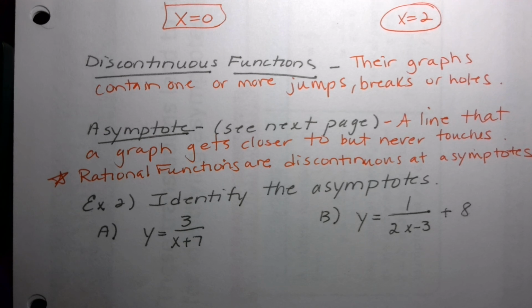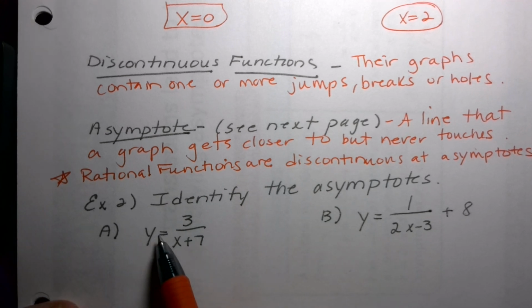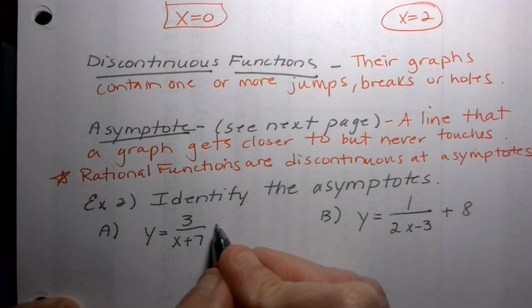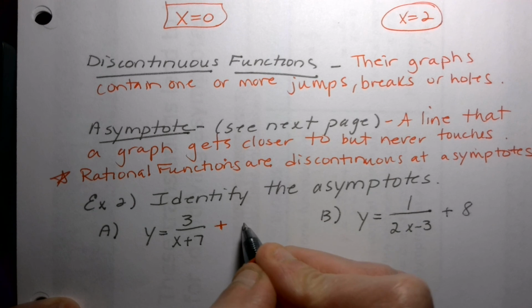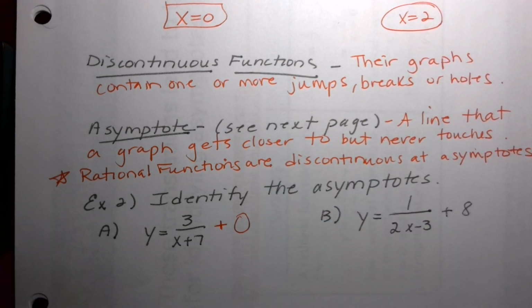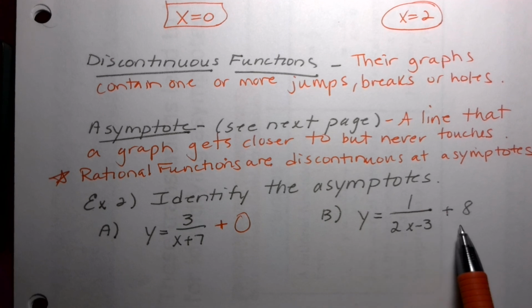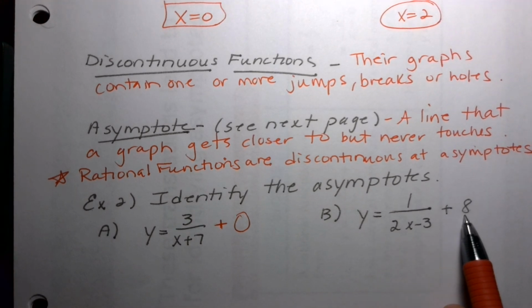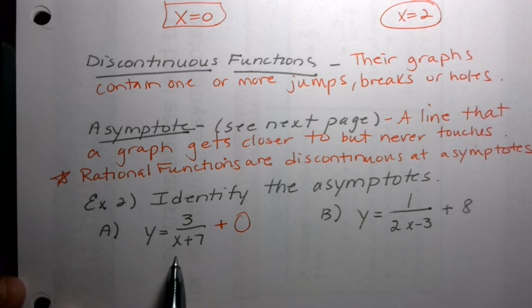So in an equation, what you're going to have is y equals a fraction, and then sometimes we're going to have something added. In this case, there's nothing there, so it's like it's adding a 0. But do you notice the similarity over here? We've got a fraction adding an 8. Well, here is the deal. What would the excluded value be here? That's right, -7.